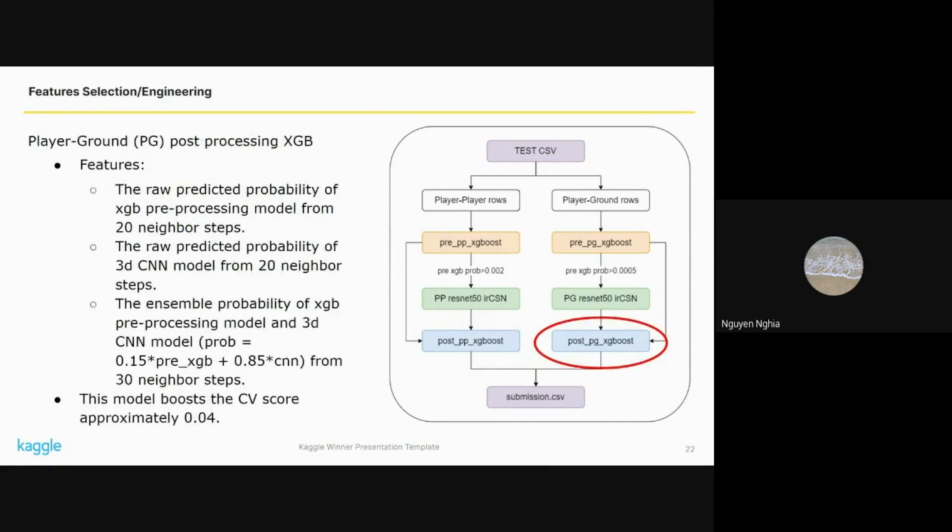Next, for the player-ground contact, I use the features of the raw predicted probability from the pre-processing model from 20 neighbor steps, the raw predicted probability of the 3D CNN model from 20 neighbor steps, and the ensemble probability of the attributes and the 3D CNN with the ratio of 15% and 85% from 30 neighbor steps.